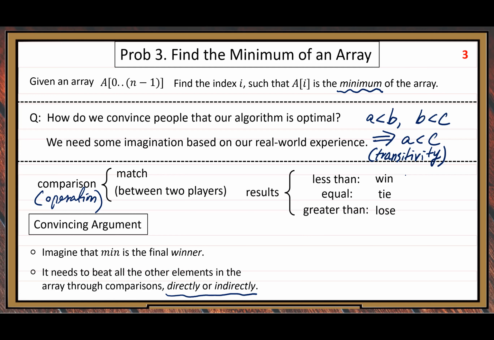In the real world, you can now say A beats B, B beats C, then you just say A always beats C, right? We cannot say that. Sometimes A may not be able to beat C in the real world, right? But in math, we can say that A always beats C. A always less than C by transitivity property.